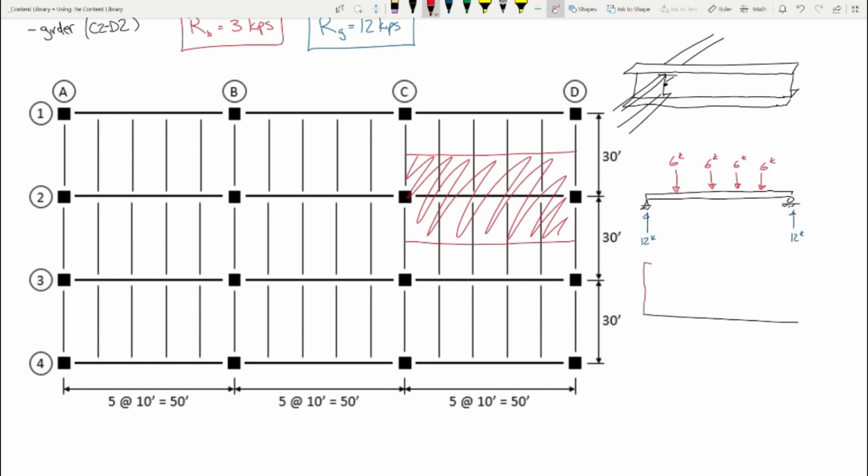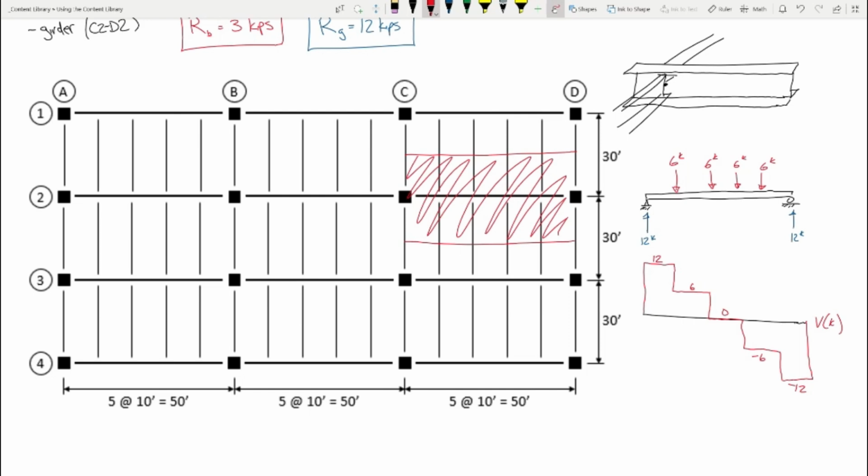It's going to go up, over, down, over, down, over, down, over, down, over, up, right? That's what our shear diagram is going to look like. And from there, we can draw a moment diagram and go from that, right?